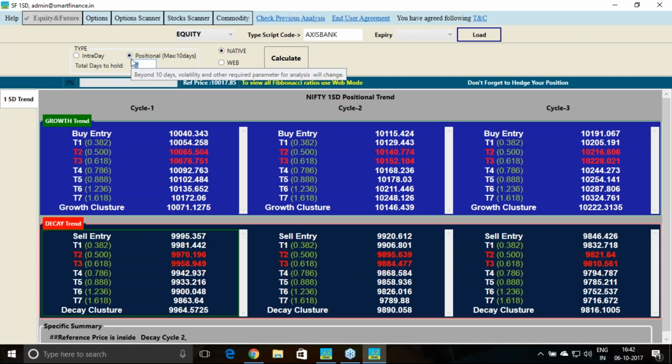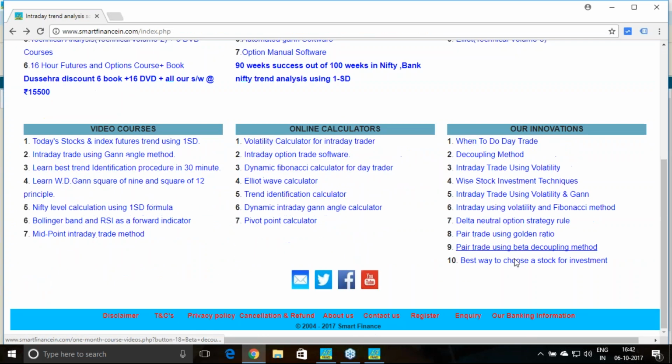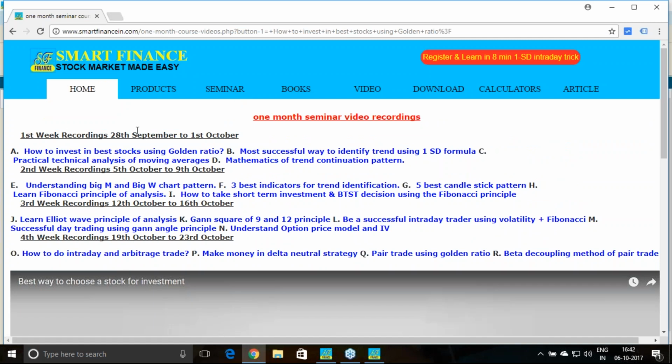And one more question also came: what is the best process to choose stocks for investment for a 1 to 2 months period? I have suggested you, please go through one good video I have given here, on the best way to choose the stocks. This is a 1 month program we conducted last year, from 28th September onwards.